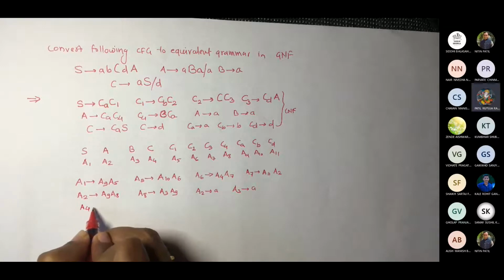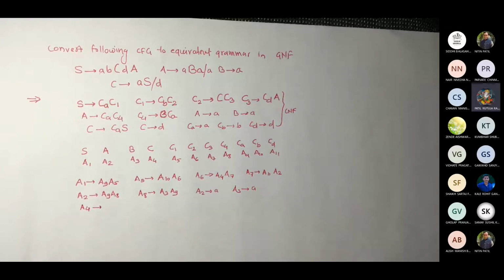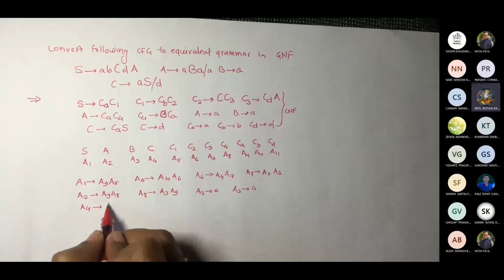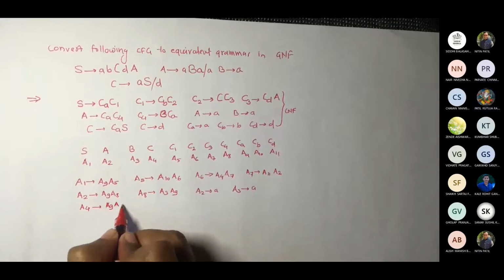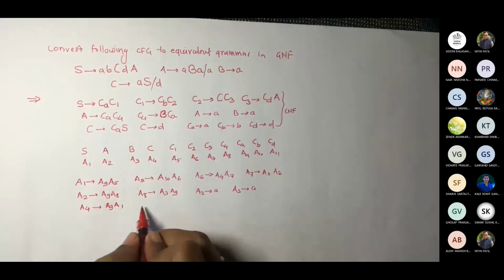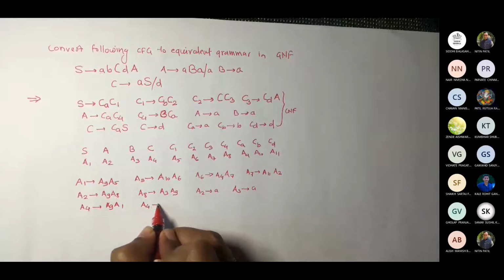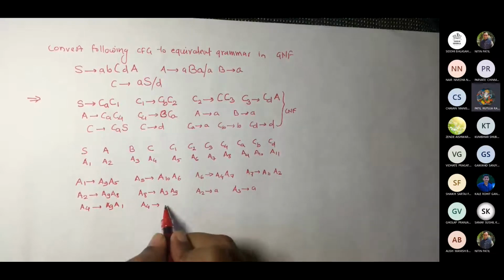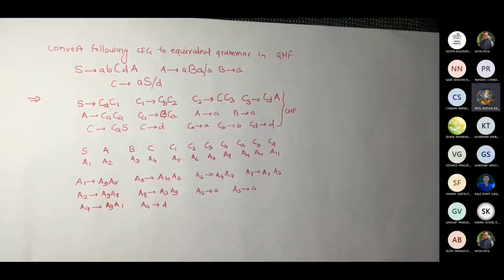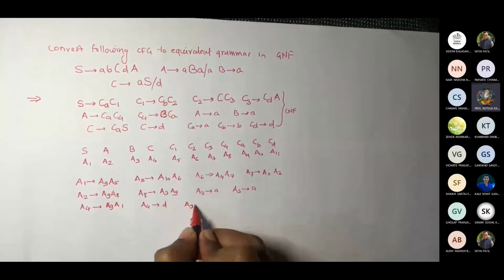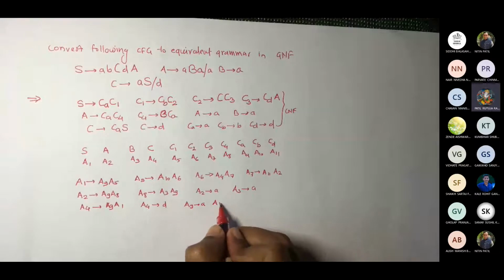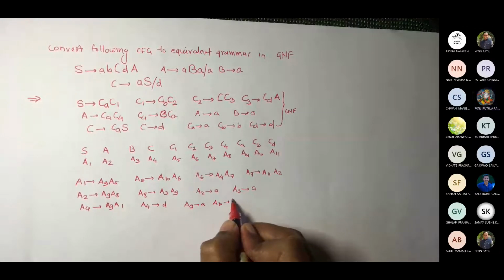A4 gives A9 and A1, A9, A1. A4 gives D. Okay. Now tell me the three remaining ones: A9 gives A, A10 gives B, and A11 gives D.